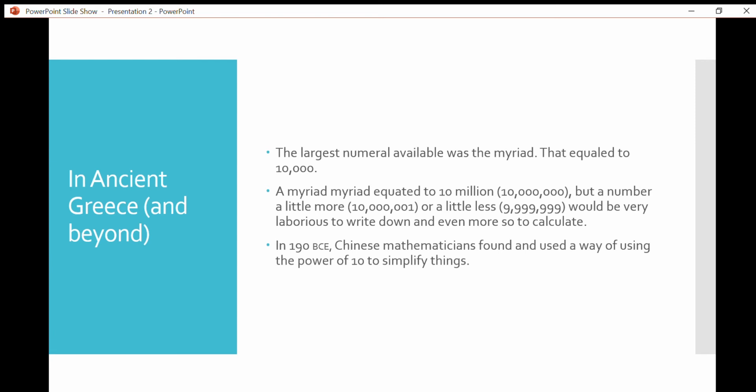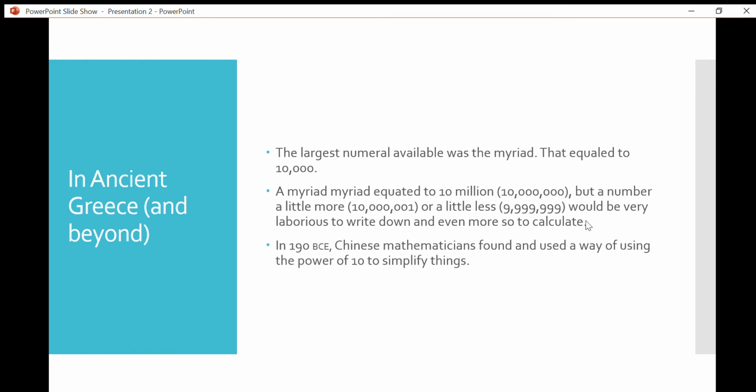Those are all real numbers, but they're way bigger than 10,000. 10,000 is 10 to the power of 4.